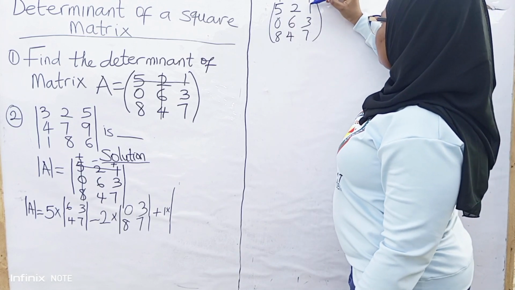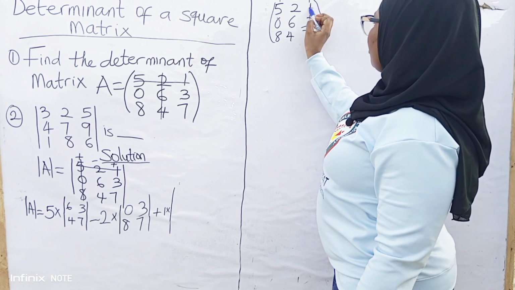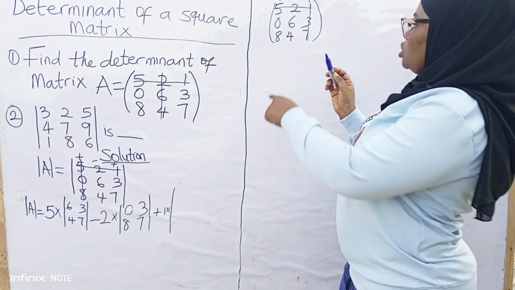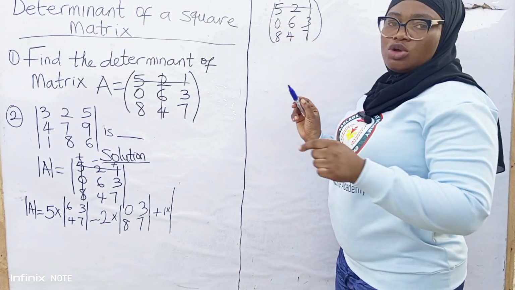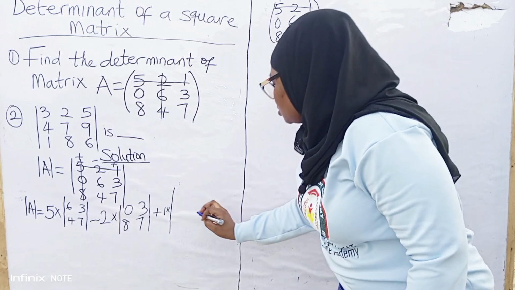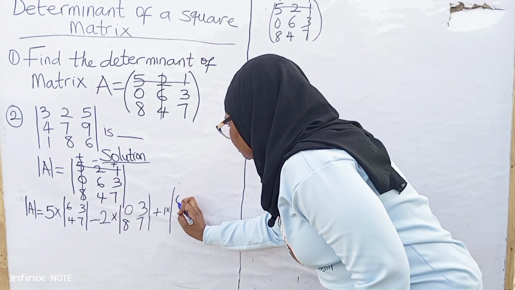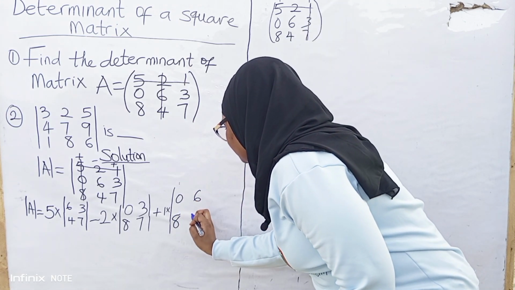You are covering 1 vertically and horizontally, so we are left with 0, 6, 8, 4. You are finding their determinant, so multiply by plus 1, and we have 0, 6, 8, 4.